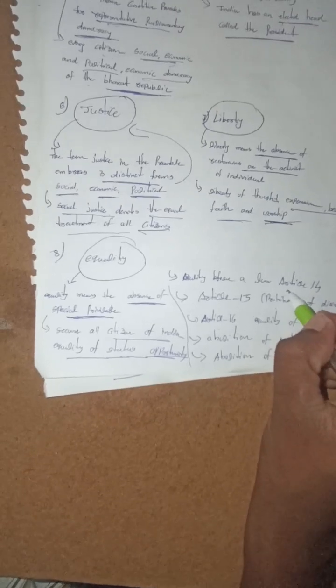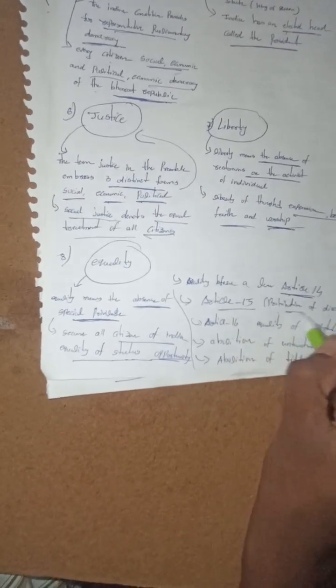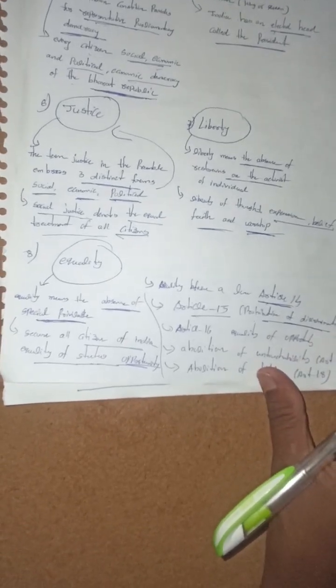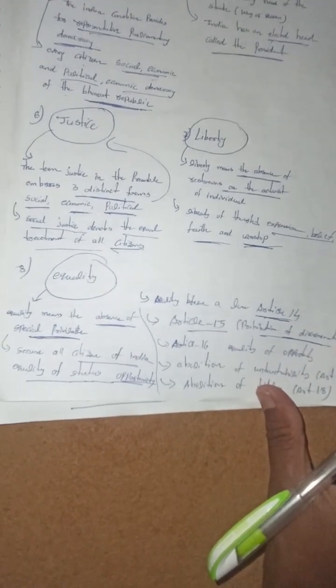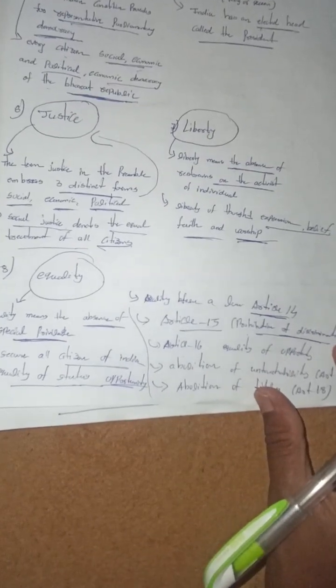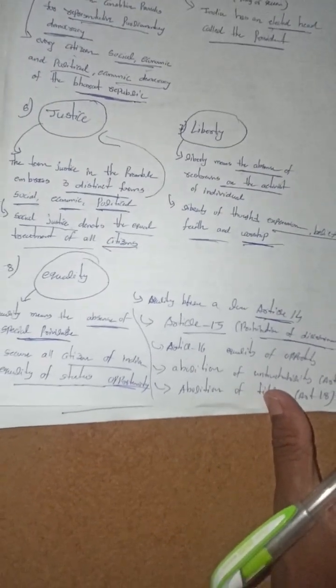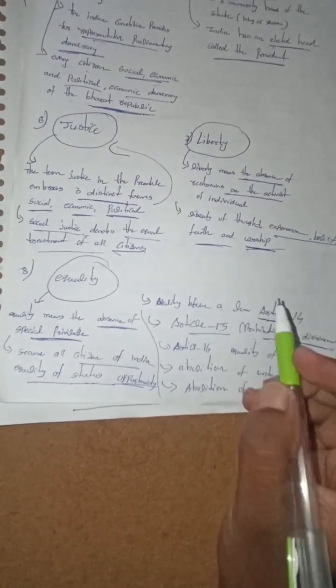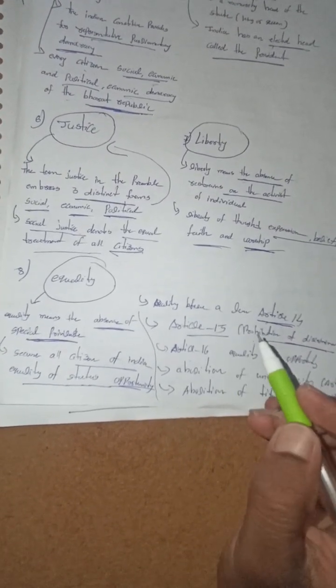Already I told you, Article 14 and Article 15 deal with the prohibition of discrimination. Article 15 prohibits discrimination on grounds of religion, race, sex, caste, or place of birth.